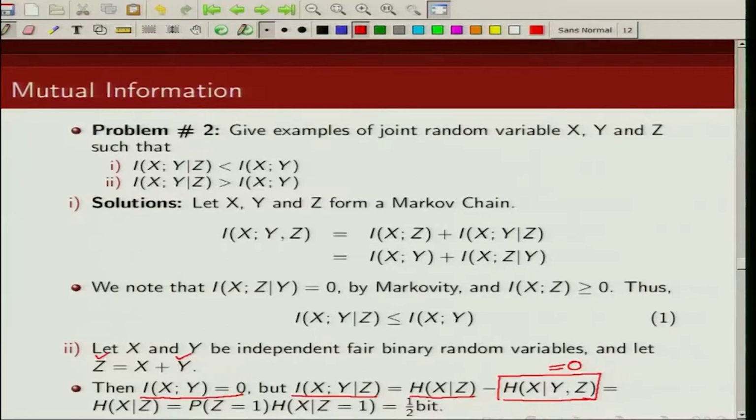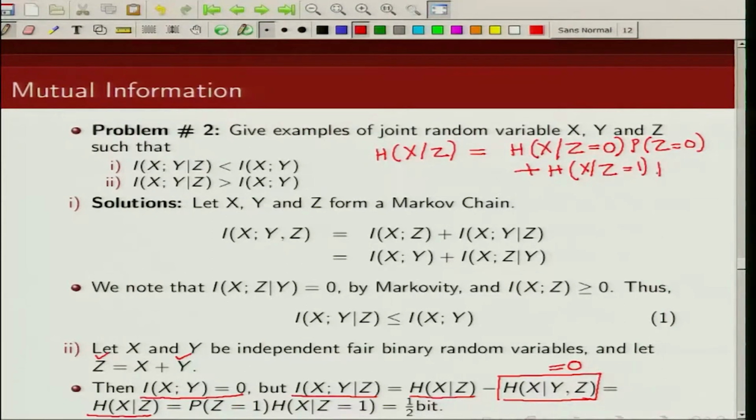So, then the mutual information between x and y given z can be written as the uncertainty in x given z. Now, the uncertainty in x given z is equal to 0 multiplied by the probability of z being 0, plus the uncertainty in x given z is 1, times the probability of z equal to 1.